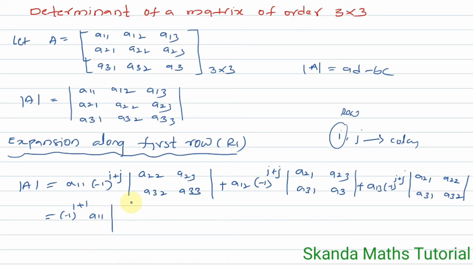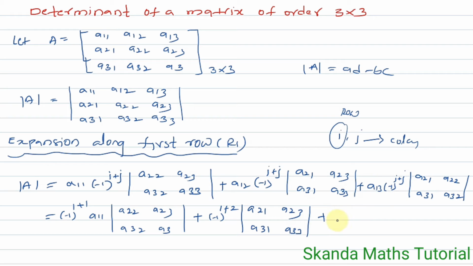This value is as it is: A22, A23, A32, A33. Plus, next is minus 1 whole power of A12. A12 is first row, that is 1, plus second column, which is 2, which gives A21, A23, A31, A33. Here it is clear.